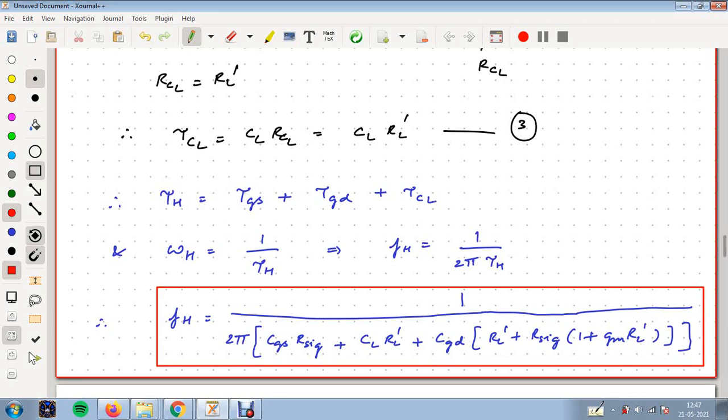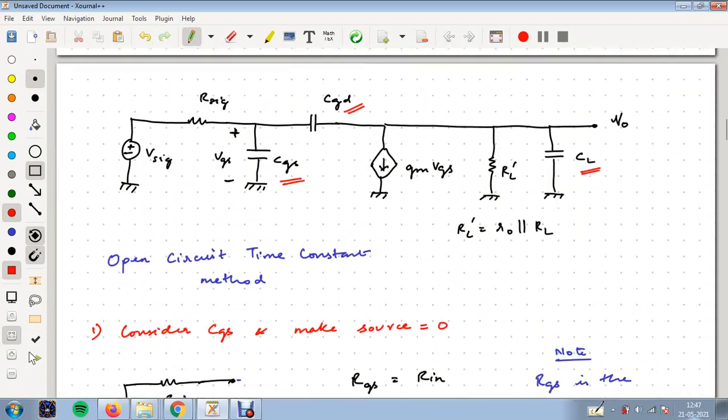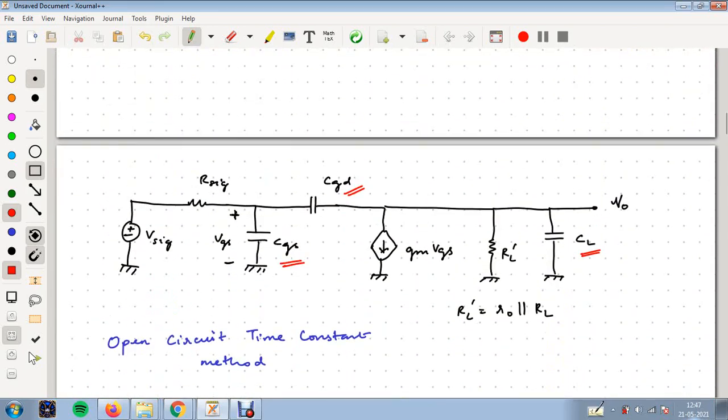Any queries? In the textbook provided, there is another method called exact analysis. Exact analysis is where you will not make any assumptions. For the high frequency small signal model in this figure, you will directly use nodal analysis, and from that you get a very huge equation.